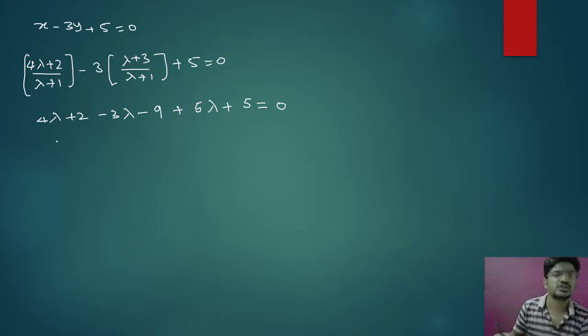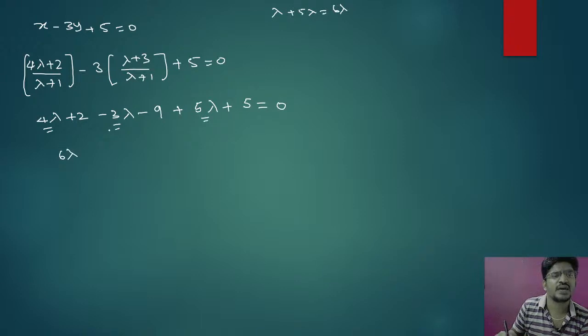Here you must understand these solutions directly, because I can't explain everything; I have to take the LCM and simplify. So I have written directly 4 lambda minus 3 lambda, which will be lambda. Lambda plus 5 lambda will be 6 lambda.